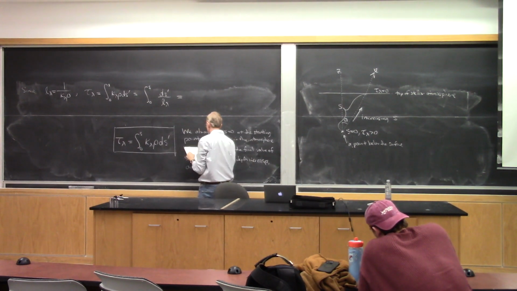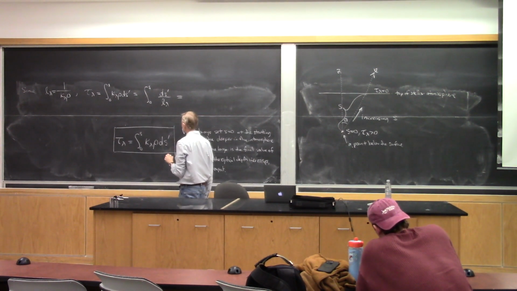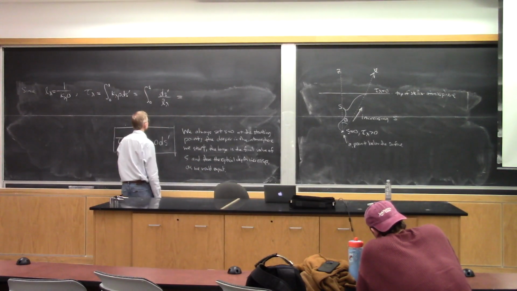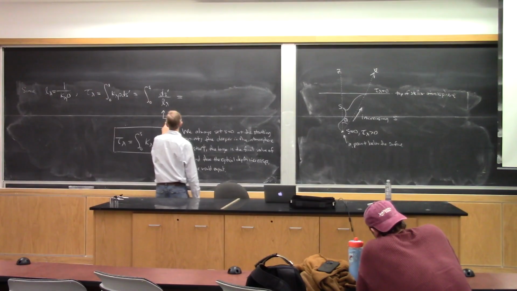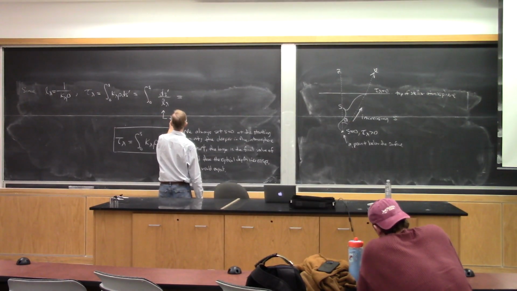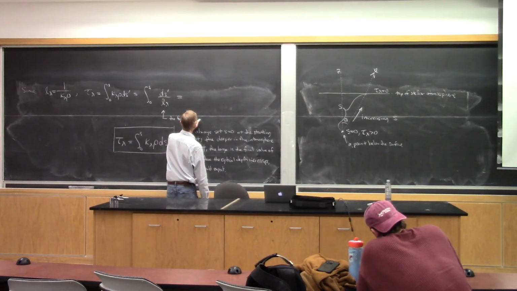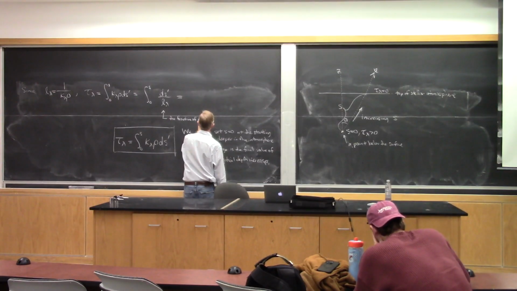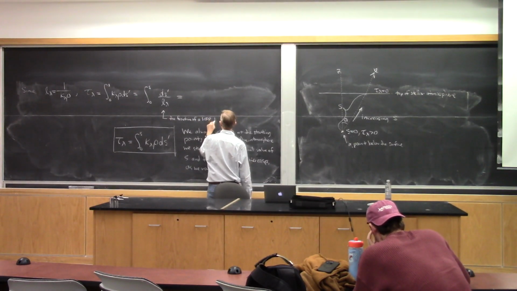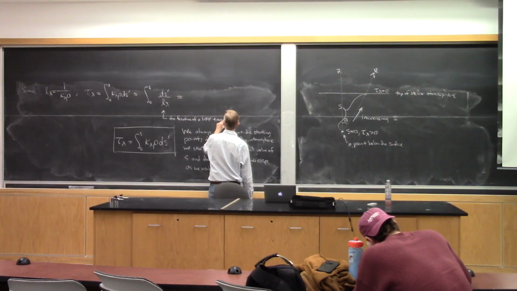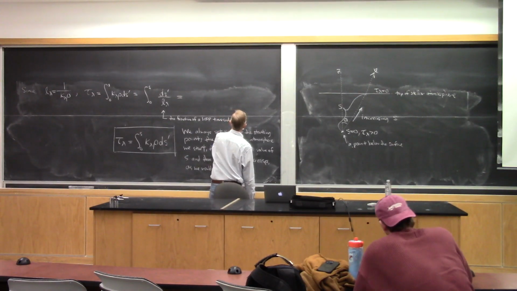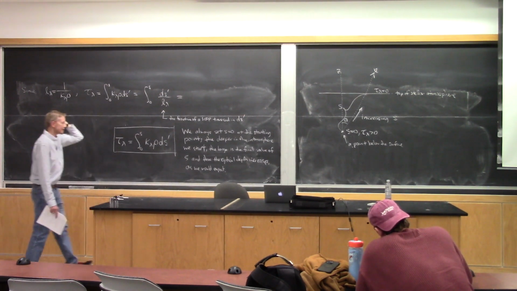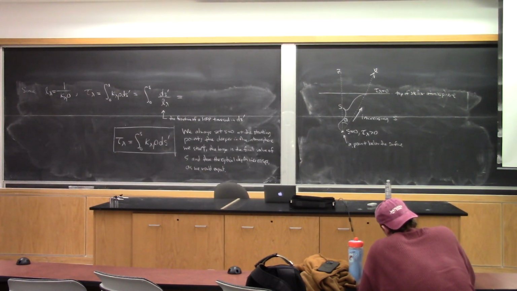And if you think about what that means, well, ds prime divided by L lambda is the fraction of a mean free path traversed in that little distance ds prime. Right? Little distance ds prime over the mean free path is the fraction of the mean free path traversed in ds prime.